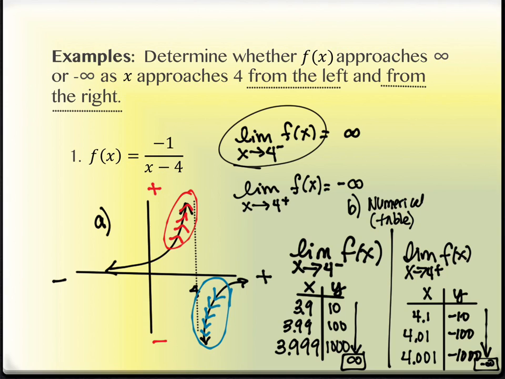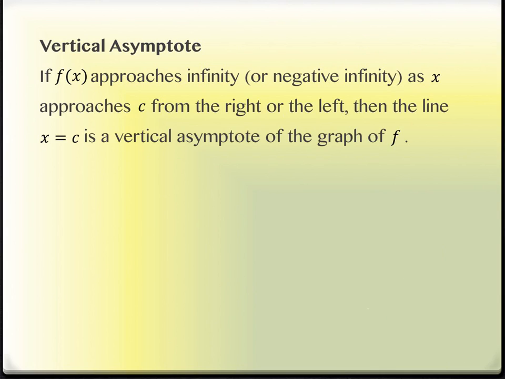Any questions on that? Okay, so let's talk about one of the things that we've already encountered now, which is vertical asymptotes. So you know from previous classes, at least Algebra 2, what a vertical asymptote is. It's that vertical dotted line that I drew in there. It's not drawn on your calculator, right?